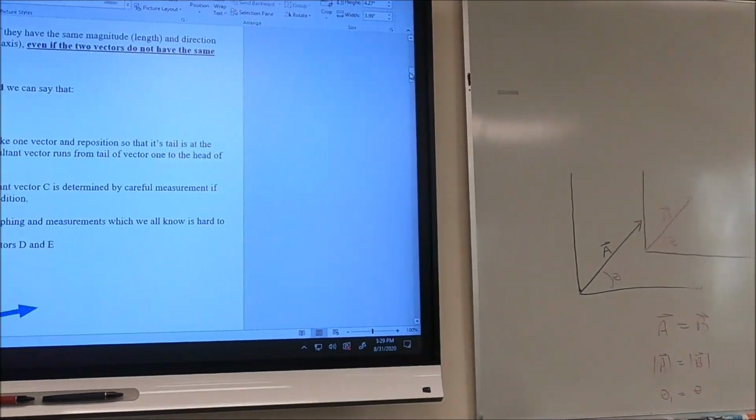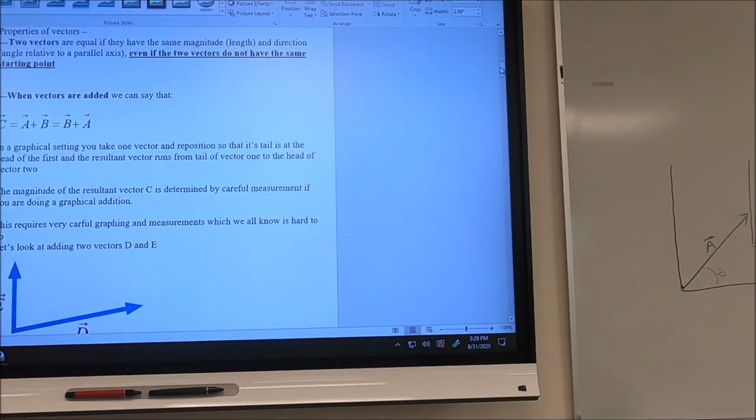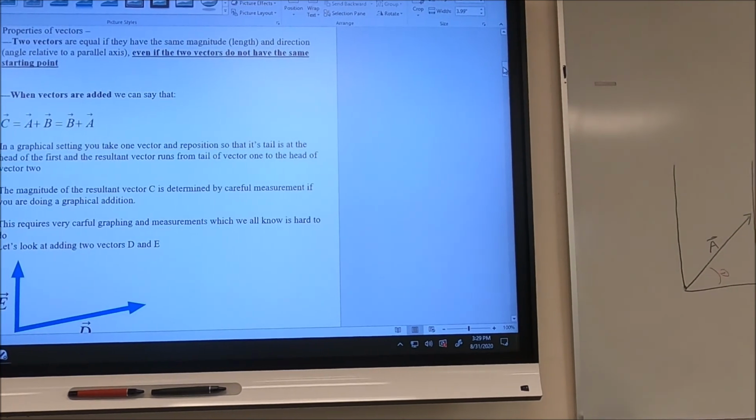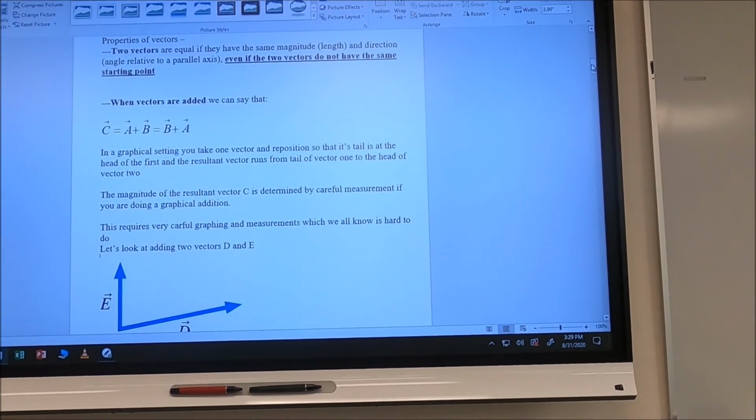Now, let's turn back to the front screen, and let's talk about adding vectors. If we add 2 vectors, a vector C equals A plus B and B plus A. When we're adding vectors, it doesn't matter which order we add them in. Now, let's look at how we add vectors graphically.